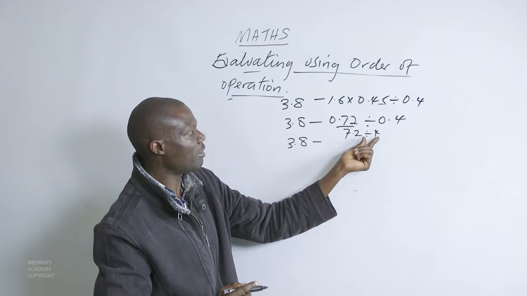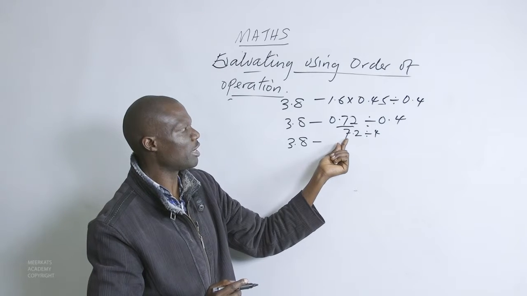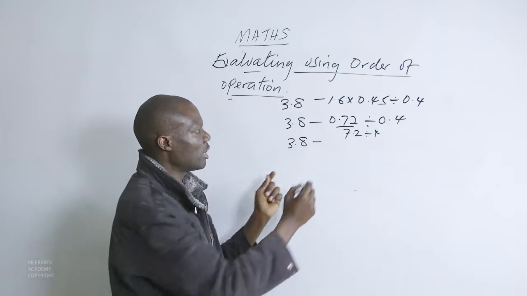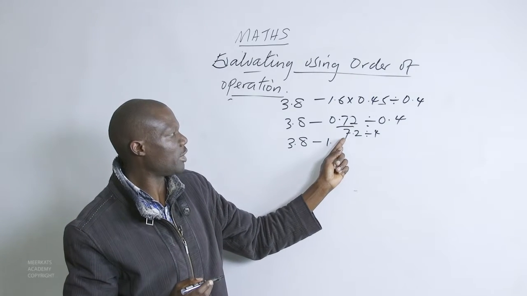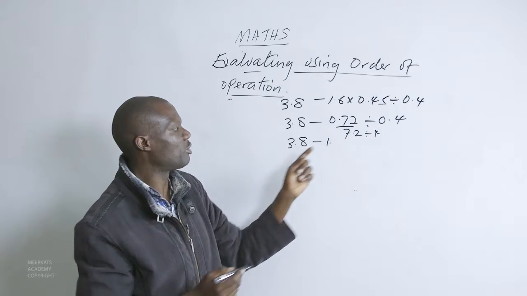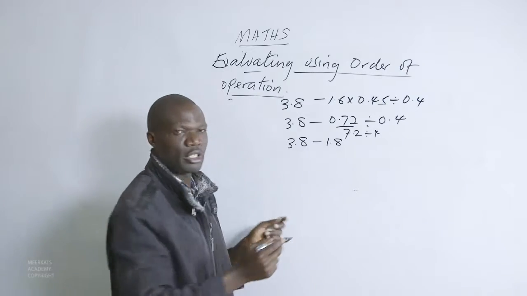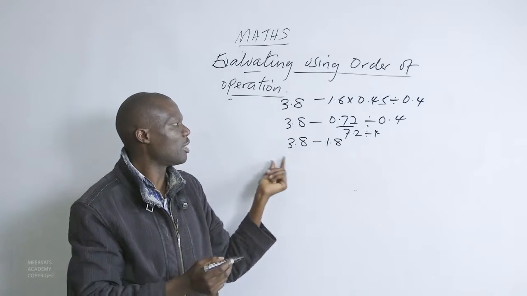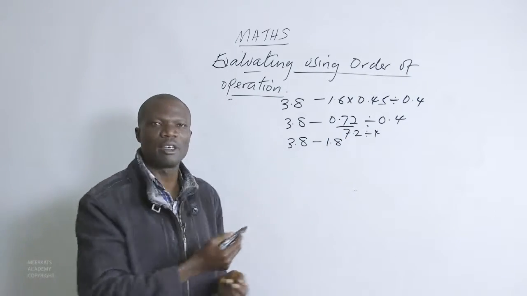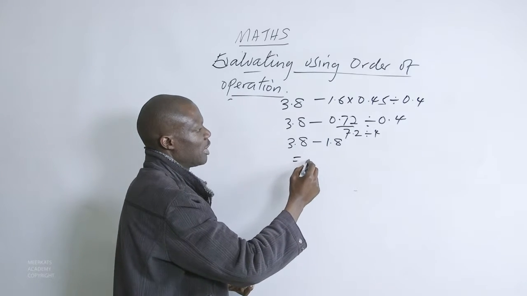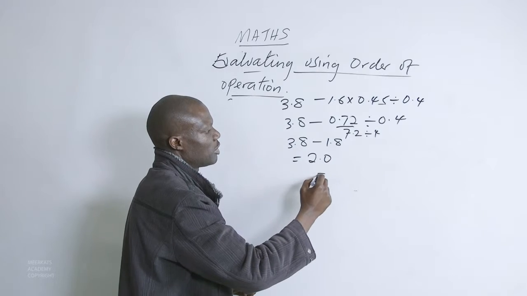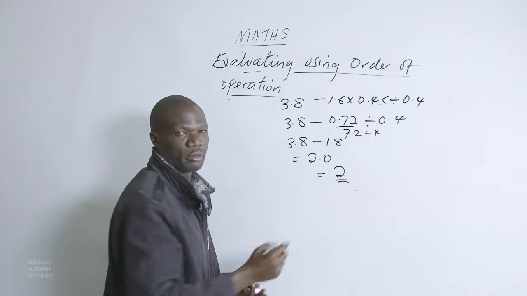So then here, 4 into 7 goes 1, and then we carry 3, 32 into 4 goes 8. So when we work this out, we'll have 3.8 minus 1.8. That gives us 2.0 which is just equivalent to 2.